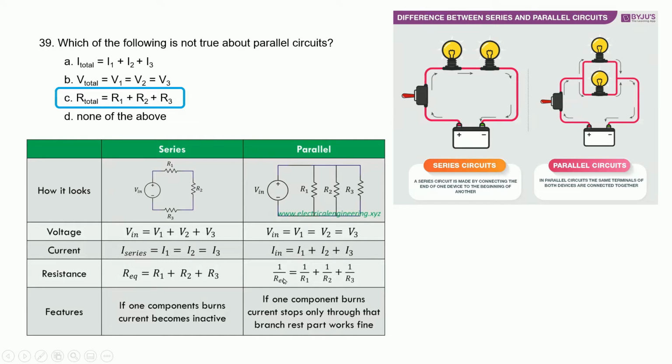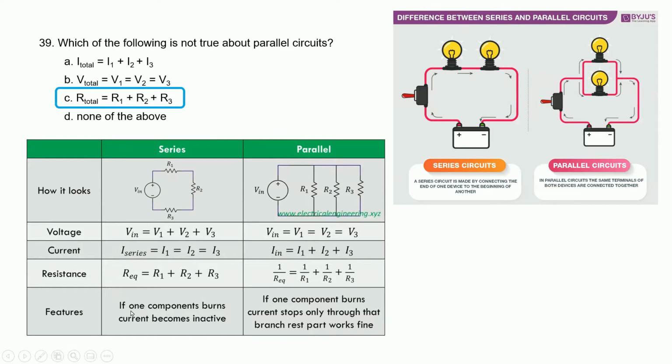And then the equivalent resistance is the reciprocal of the summation of the reciprocals of the resistances. That is a bit confusing, right? But first, you get the reciprocal of the resistances and then add them. Then, you get the reciprocal of the sum again. So, that is the equivalent resistance of a parallel circuit.